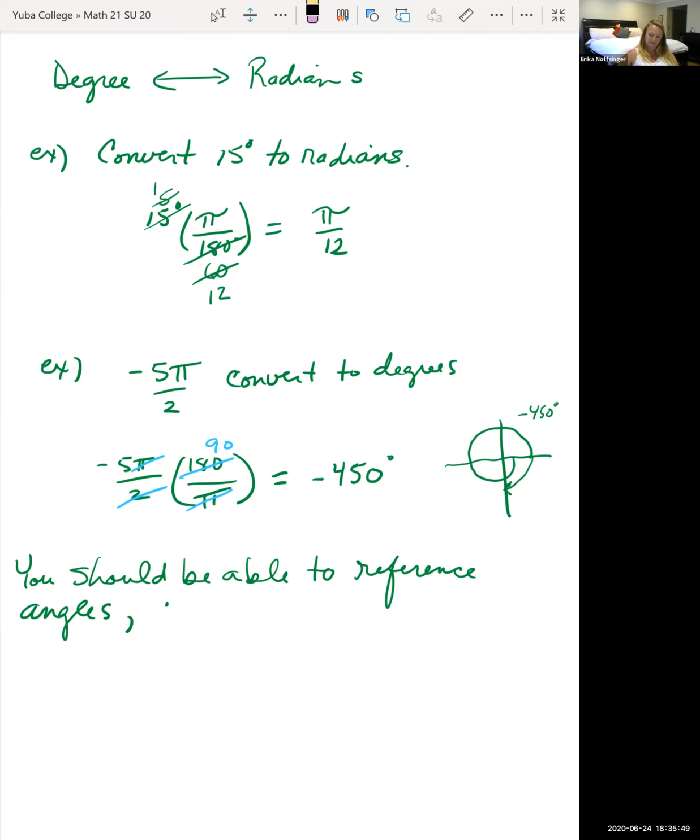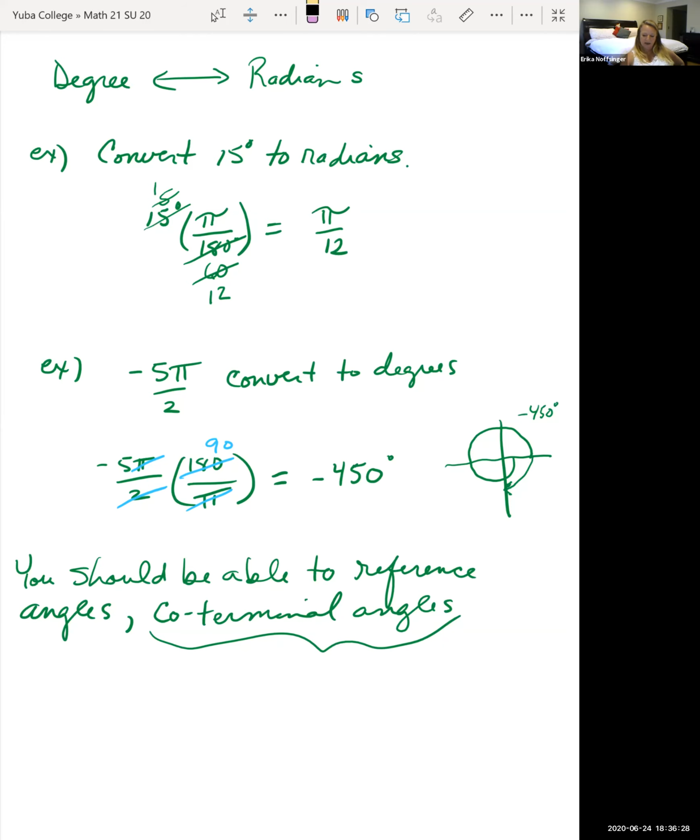You should also be able to find reference angles. Well, this doesn't really have a reference angle because it's a quadrantal angle. You should be able to find coterminal angles. There's an infinite number of coterminal angles, so am I asking you to find one of them, or maybe the formula that would get you any of them?